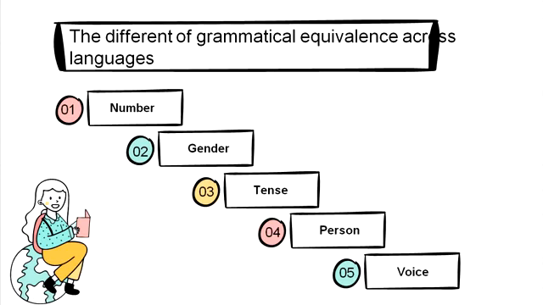For example, I play football is the first person, you play football is the second person, and he plays football is the third person.